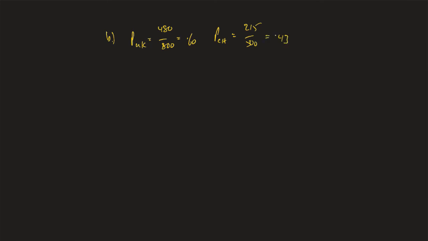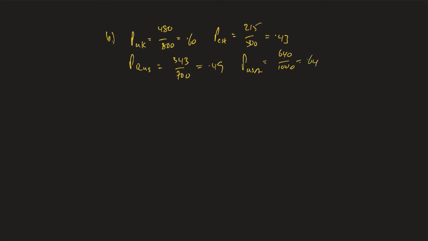For Russia, P Russia would be 343 over 700, and that will give us essentially 0.49. And then we have P USA, 640 over 1,000, 0.64.